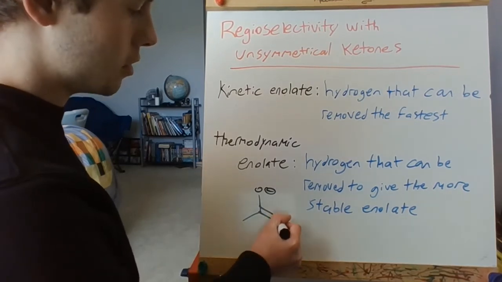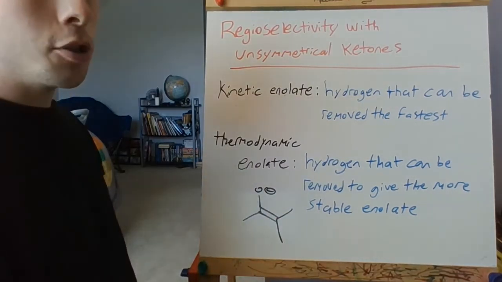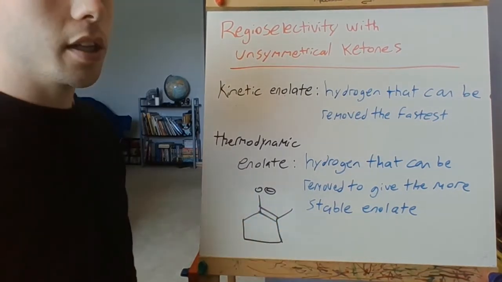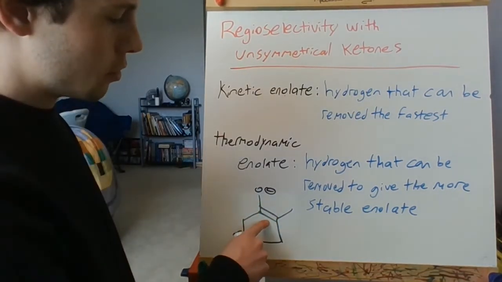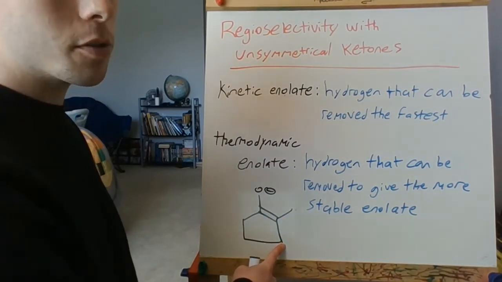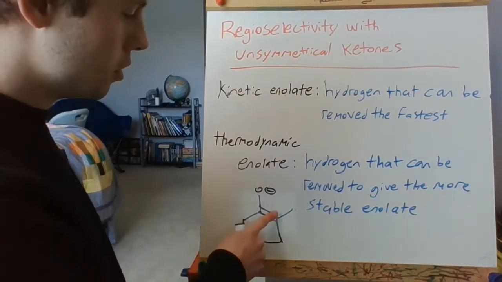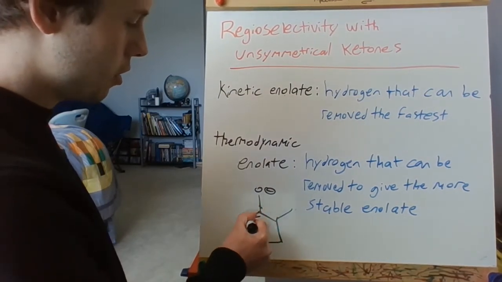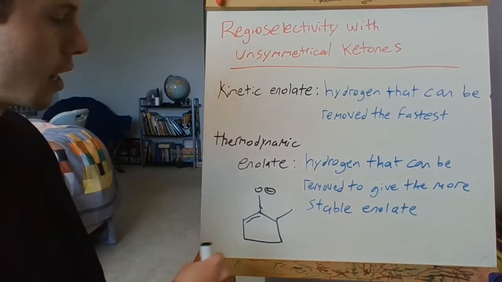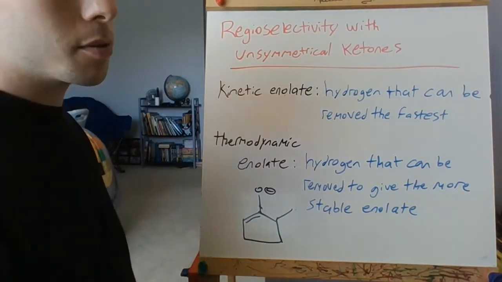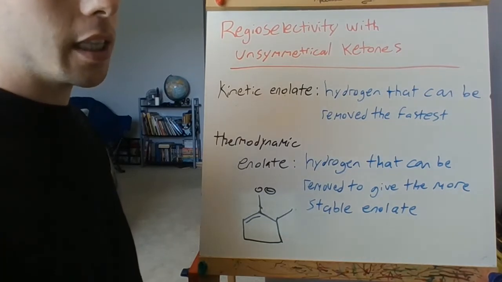And so in the case of the previous example, if we generated the enolate on this side of the molecule, so it looks something like that, we see that this alkene has 1, 2, 3 carbon groups coming off of it, so it would be tri-substituted. And then if we had formed the enolate on the other side, so here we only have 1, 2 carbon groups coming off of it, so it'd be di-substituted, therefore being less stable.